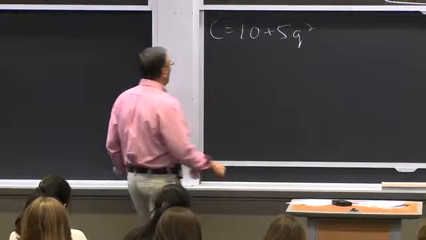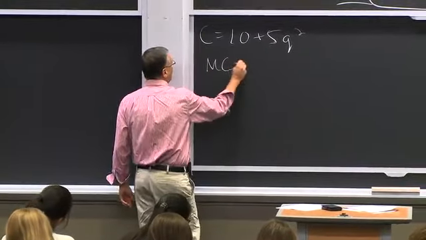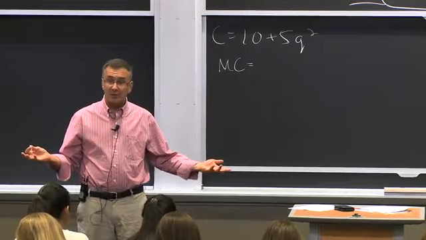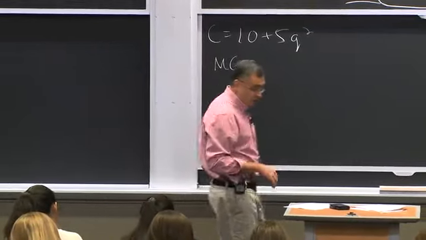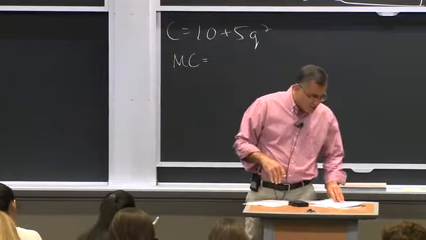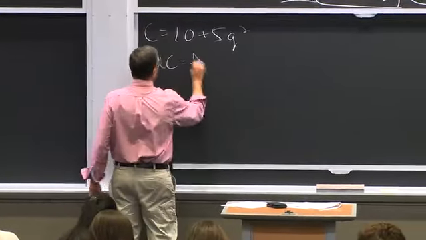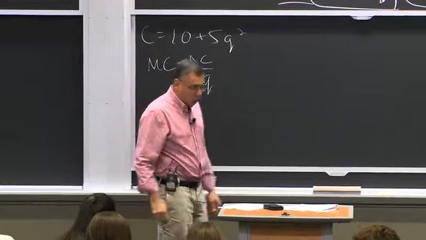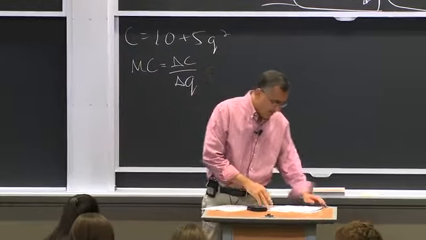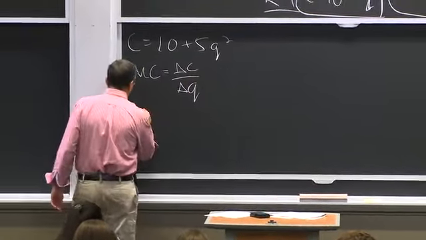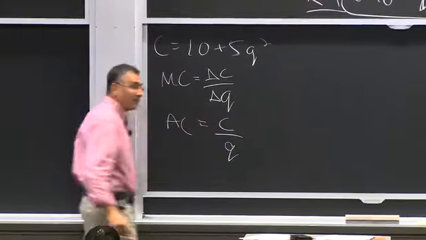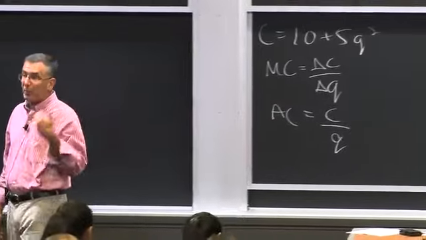And the single most important concept is marginal cost, which is what it sounds like, the derivative of cost with respect to quantity. Okay? So the marginal cost is delta C delta Q. That's marginal cost. We'll also care about average cost, which is just C over Q. It's very important in this class to keep our marginals different from our averages.